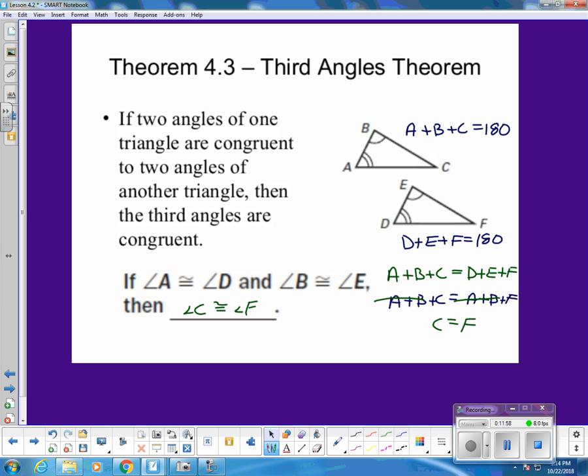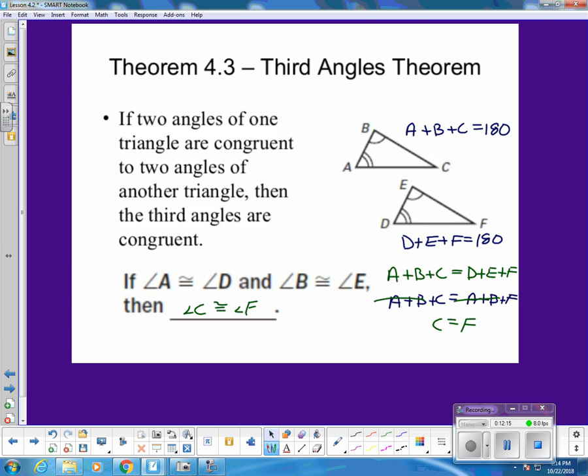It's just a very short, informal proof explaining it, okay? But it's very easy to look at. It's common sense. But it's a theorem, which means we can use it in a proof, right?